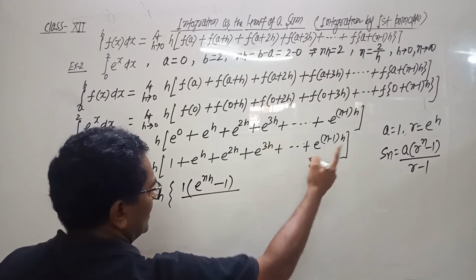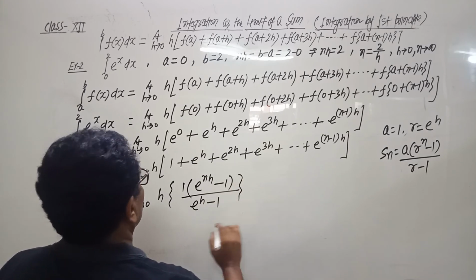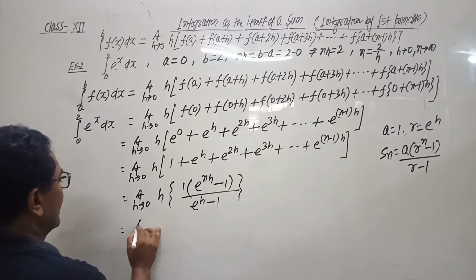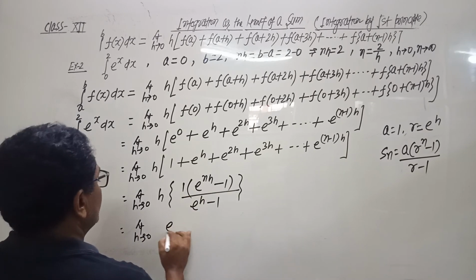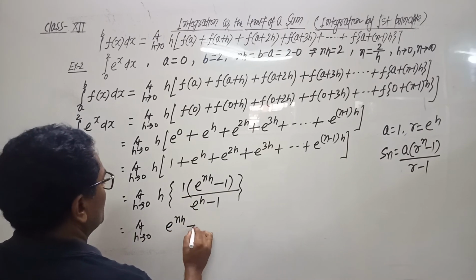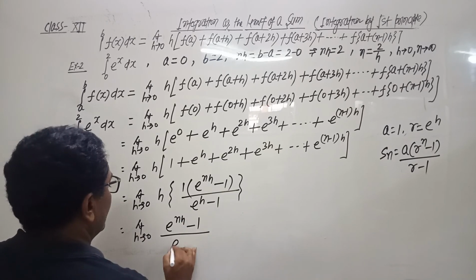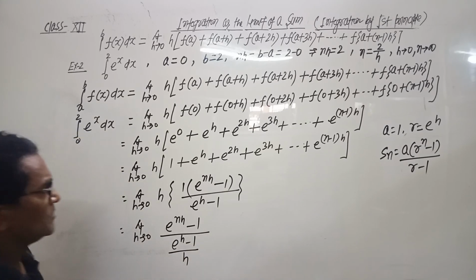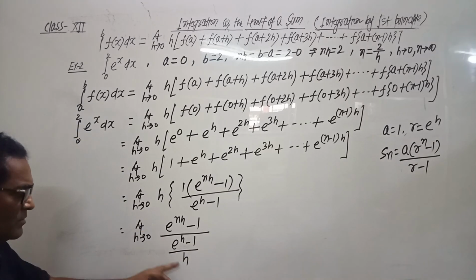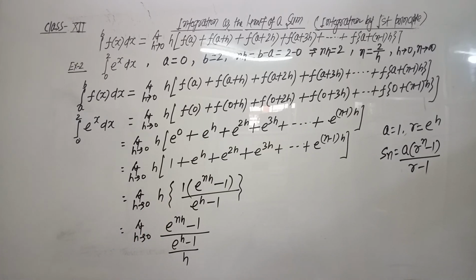This can be written as limit h tends to 0 of (e^nh minus 1) times h upon (e^h minus 1), and we write this as e^h minus 1 divided by h, because when we write it in multiplied form, this h goes to the numerator.